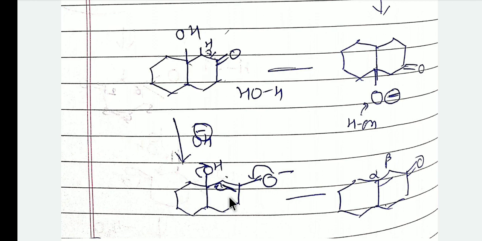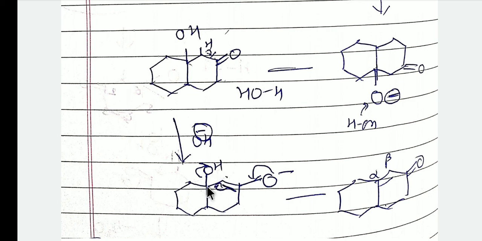Now in the next step, the OH is removed, and due to resonance the electrons of the oxygen atom form a pi bond between carbon and oxygen atom, and this pi bond electron is displaced to here. So this carbon becomes negatively charged, and in the presence of H plus ion the OH is removed as a water molecule, H2O.